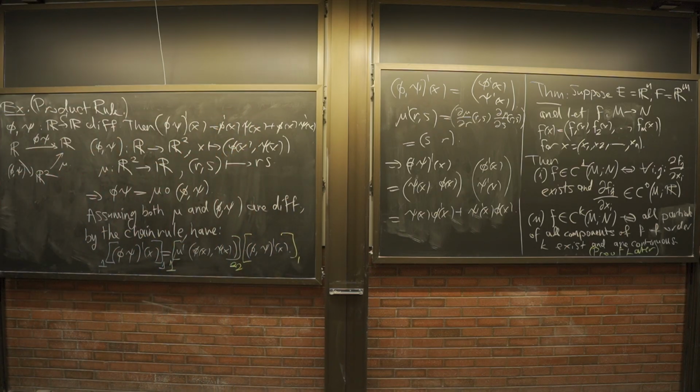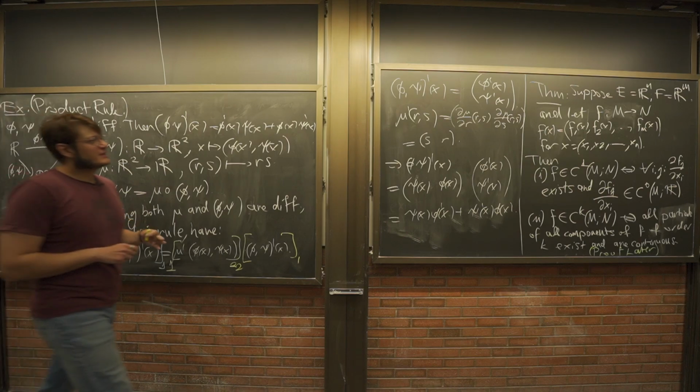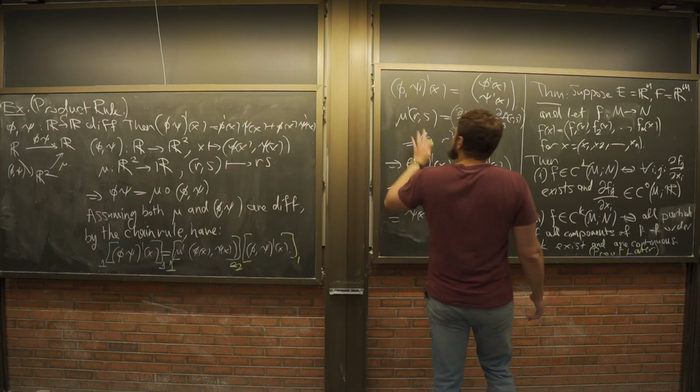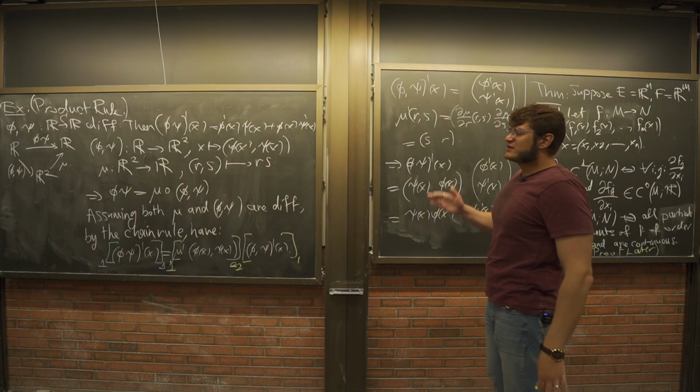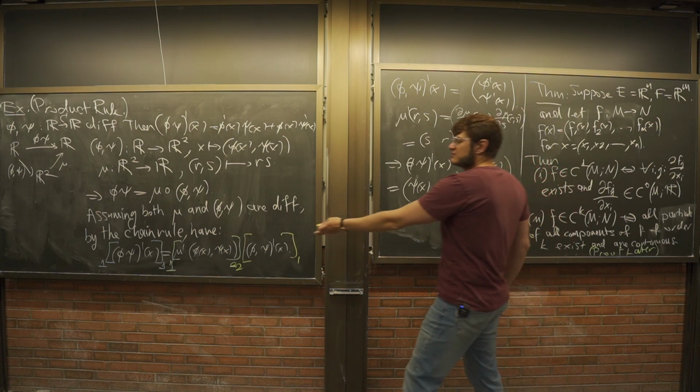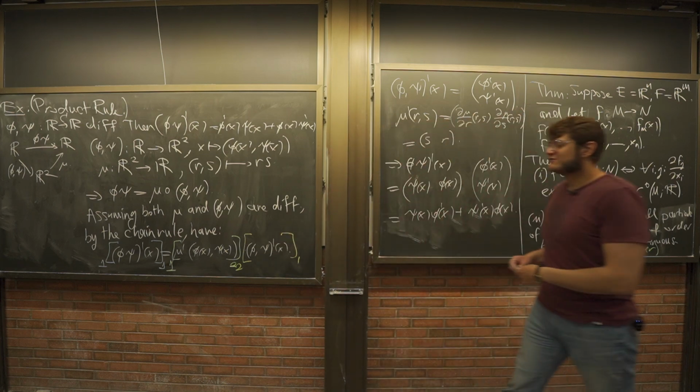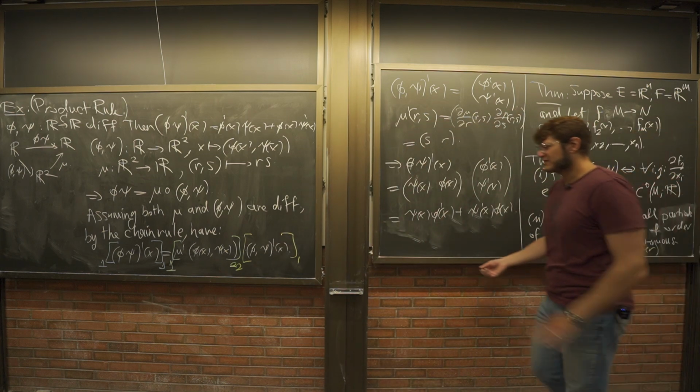So if you're like me, you can always write everything out and apply the chain rule, because ultimately the chain rule has to work. And just to be clear, to apply this, I really need the derivative of mu and this component function. If I were less lazy, I would have computed them more explicitly. So I'm going to leave that to you.